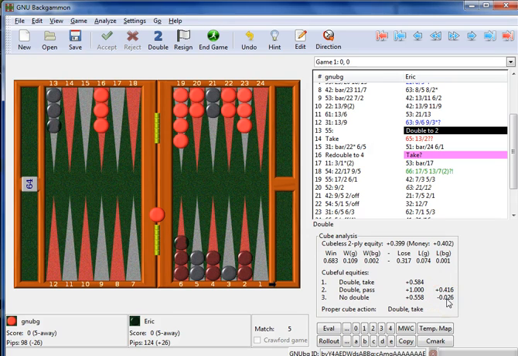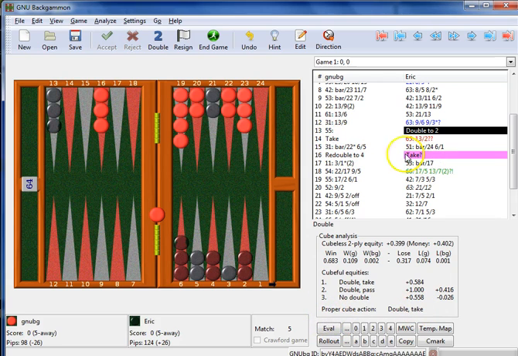So me doubling gave me a better equity than not doubling. So that's why doubling was the correct decision, and the take was the correct decision by the computer. In these doubling windows, it'll put down here what the proper cube action was. In this case, it was a double and a take.